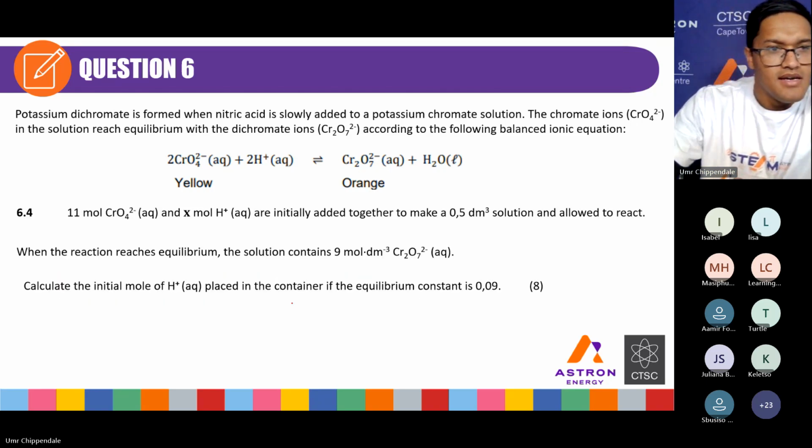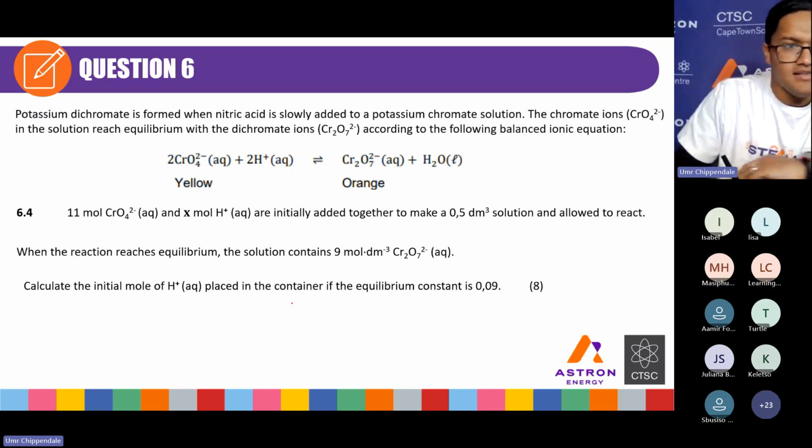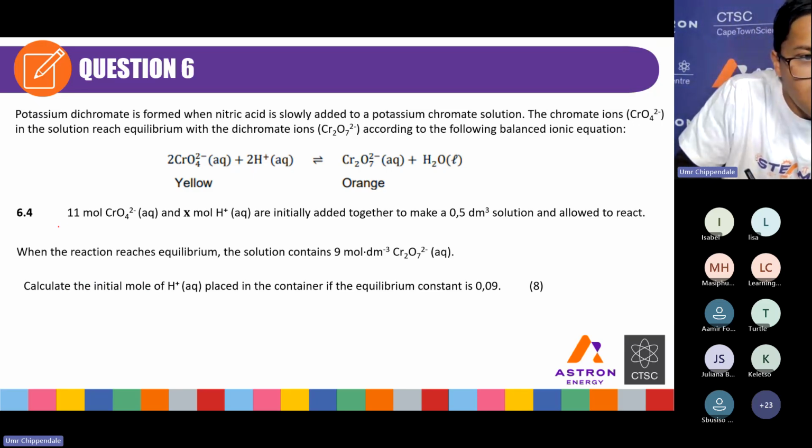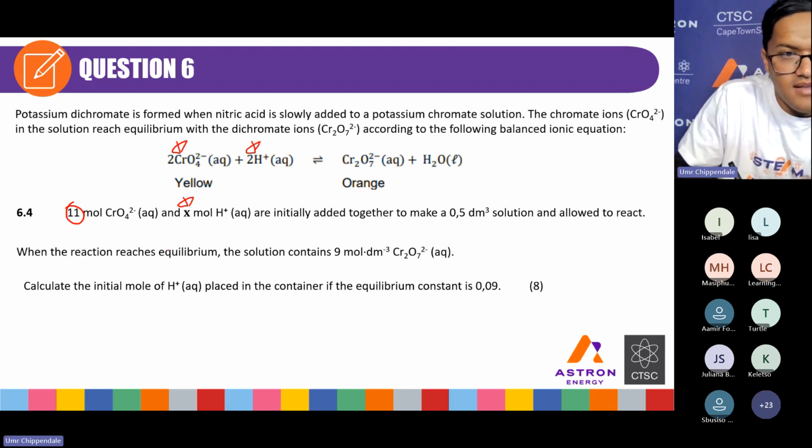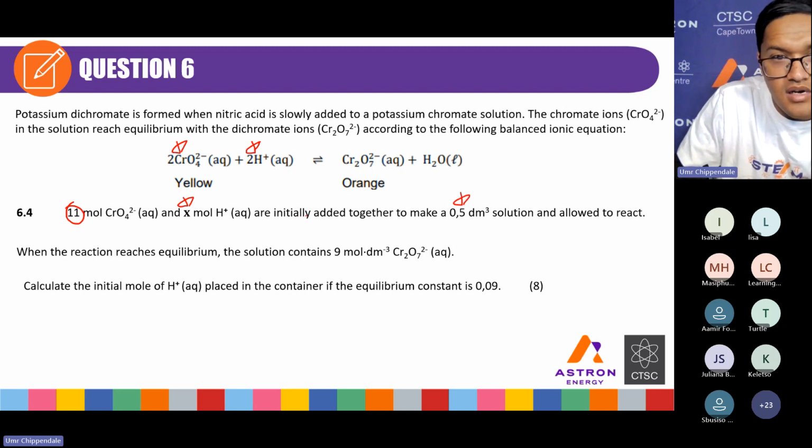6.4. Here it now tells us that 11 moles of our first reactant, which is this one over here, and X moles of our hydrogen, which is our other reactant, are initially added to make a 0.5 decimeter cubed solution that is allowed to react.